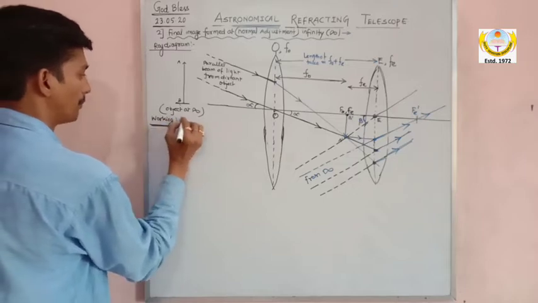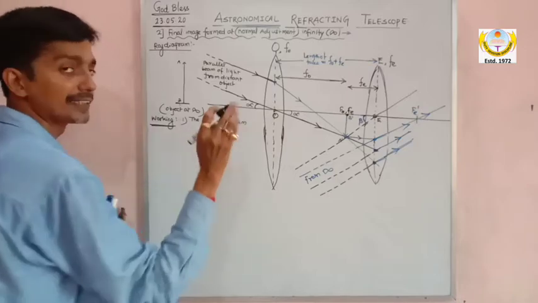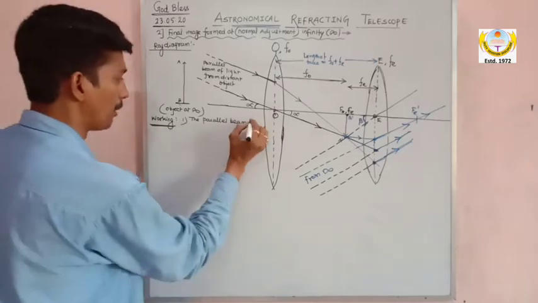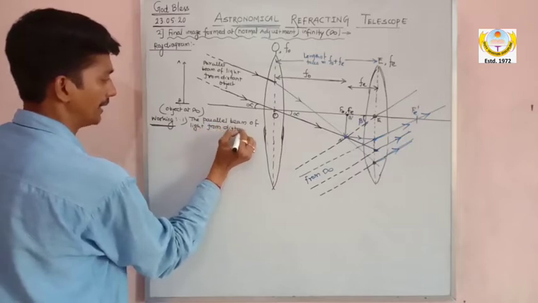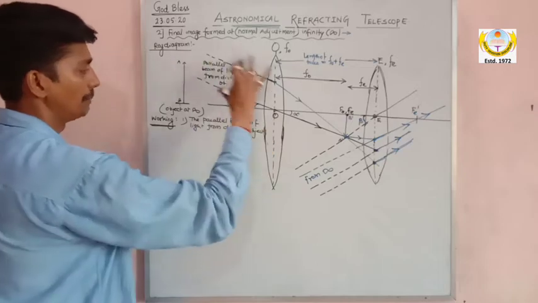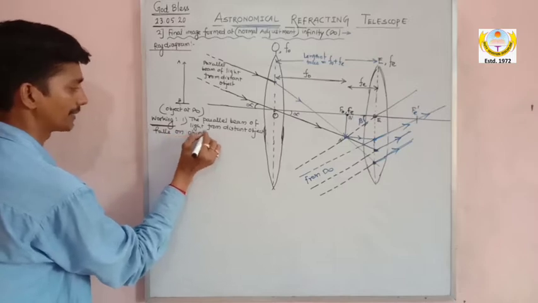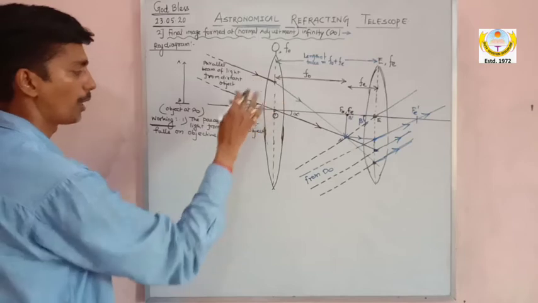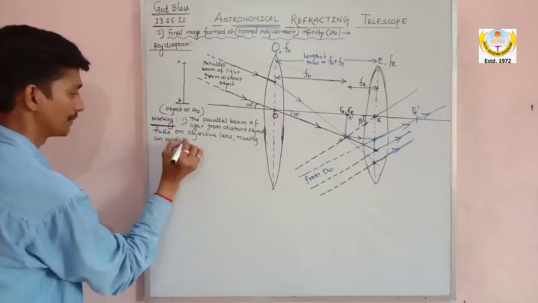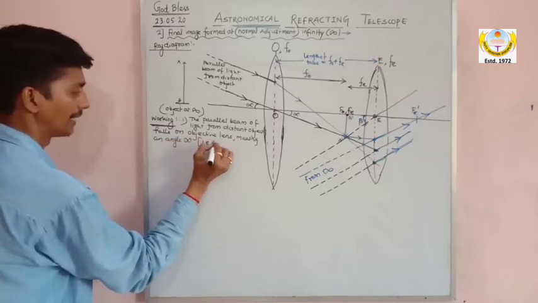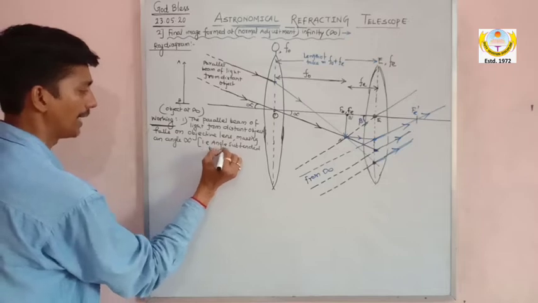Point number 1, same as earlier: the parallel beam of light from a distant object falls on the objective lens, making an angle alpha, that is the angle subtended by an object.